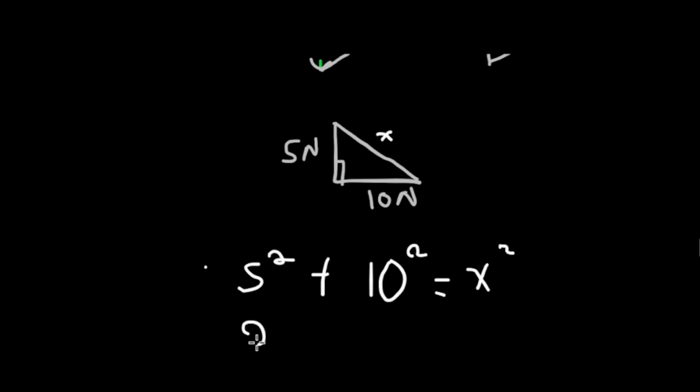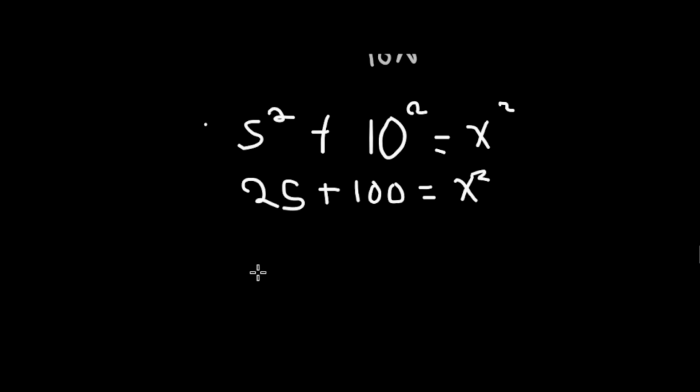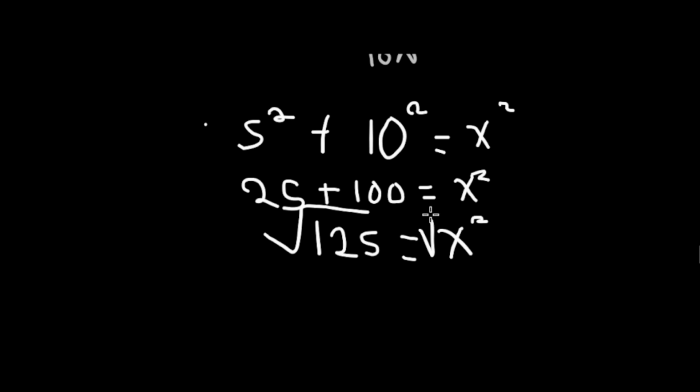So 5 squared is 25, plus 10 squared, which is 100, is equal to x squared. Then 25 plus 100 is 125, and this is equal to x squared, and then we take the root of that.